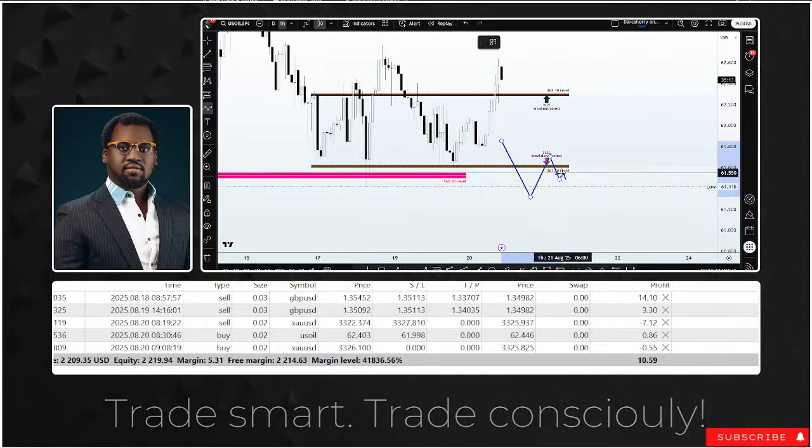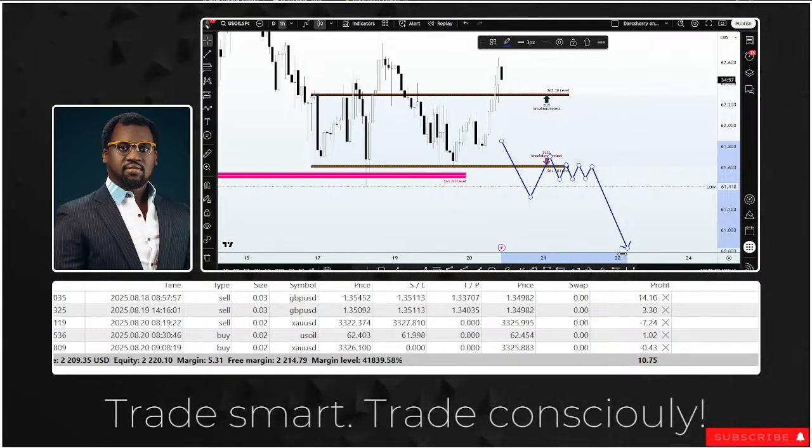I want to see signs that buyers are losing momentum, and this will reflect on the chart as continued selling pressure below the structure, after which we can now join a downtrend scenario. So for now, we have no business selling the US crude oil. We continue to maintain a bullish bias.